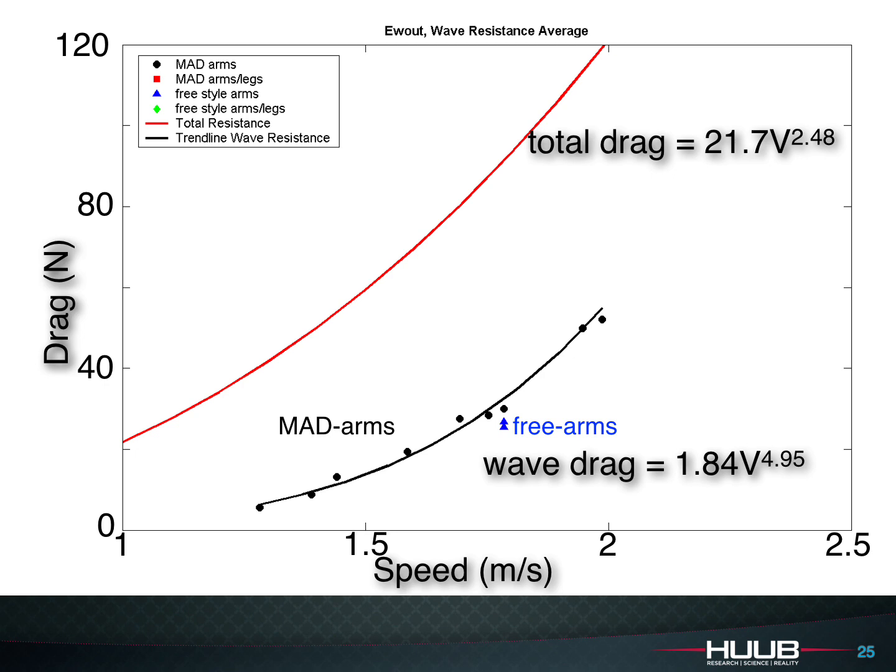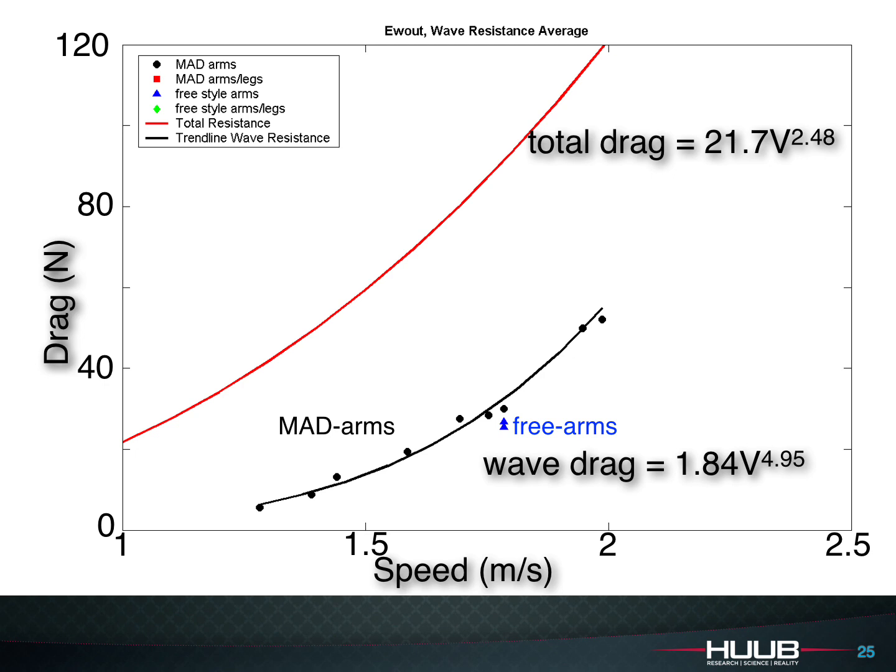So drag measurements are done swimming arms only, and the small buoy is keeping the body aligned. But in this condition, we were also studying the effect of the kick. So we were swimming on the mat system with arms and legs. We were swimming freestyle arms, and we were swimming freestyle arms, legs.